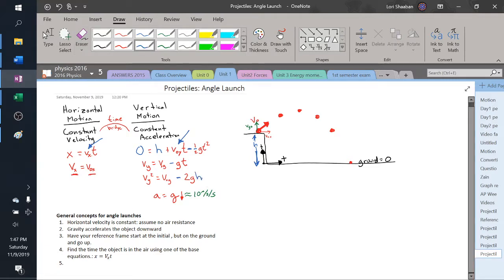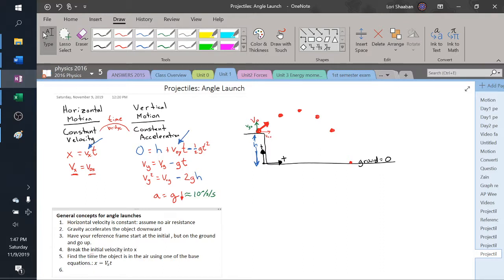Okay, so looks like there's a couple things we need to do with angle launches that we didn't do with the others. After you set up your reference frame, we are going to break the initial velocity into x and y components. And how do we do that? Well, let's take a look at a picture.